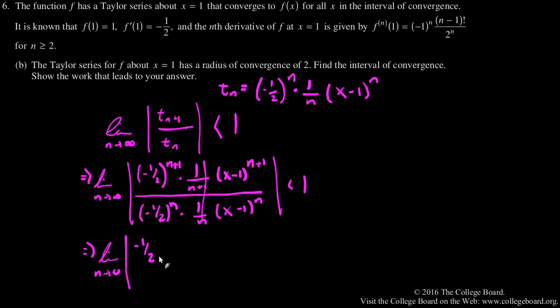And in this, x minus 1 to the n plus 1 over x minus 1 to the n, there's one more x minus 1 up here, so we'll be left with one of those here.